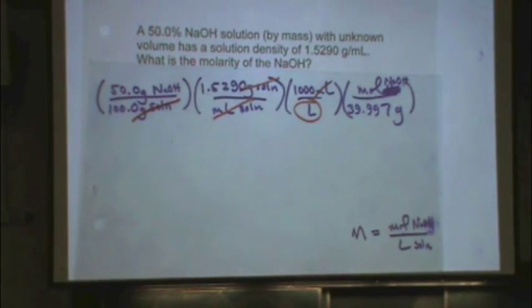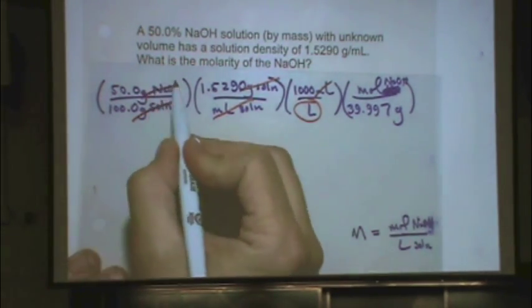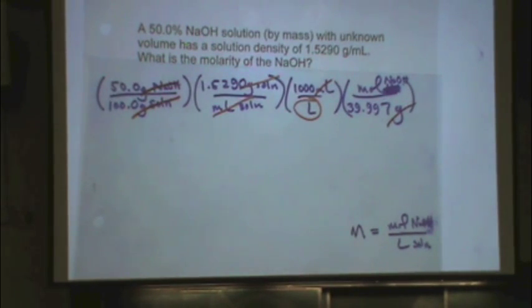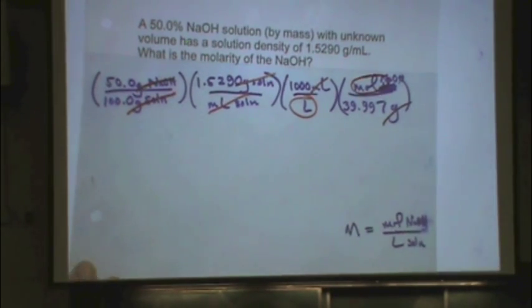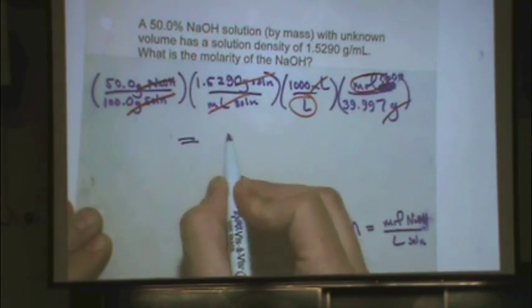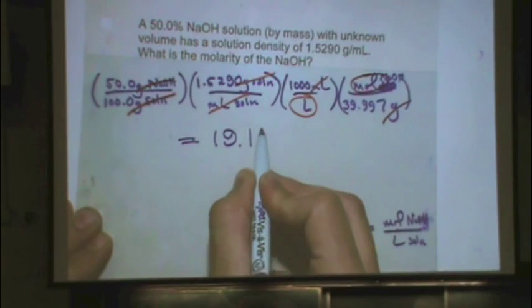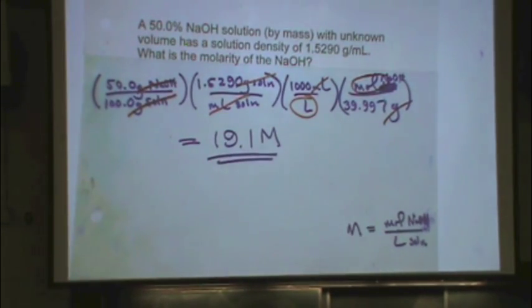So that's just from the periodic table. Notice that cancels the grams of sodium hydroxide, and I'm left now with moles of sodium hydroxide. I have my molarity units, and this turns out to be 19.1 molar, my final answer, where molar is moles per liter.